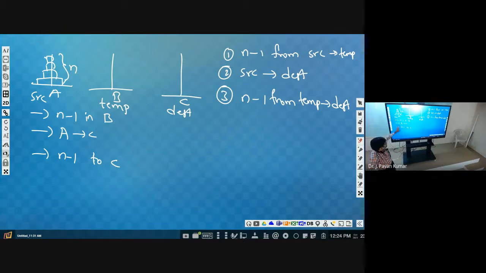Now what is the problem here? Moving n boxes from one tower to another tower by following these 2 conditions. We are solving this problem by using these 3 steps.